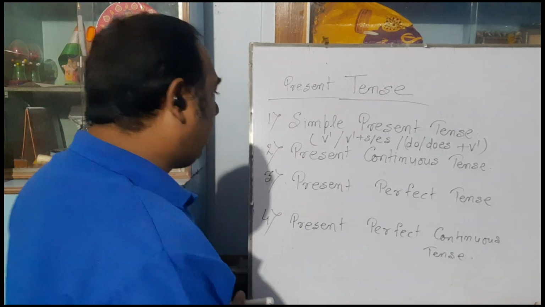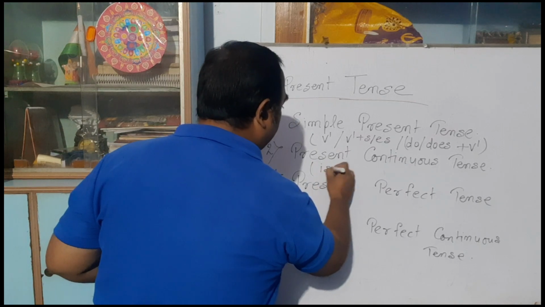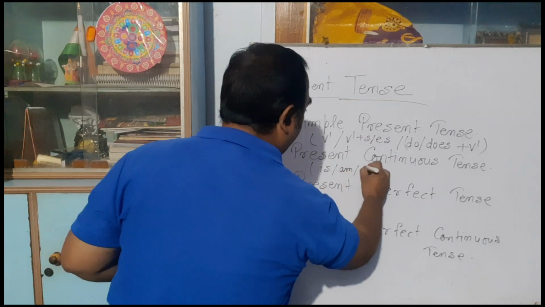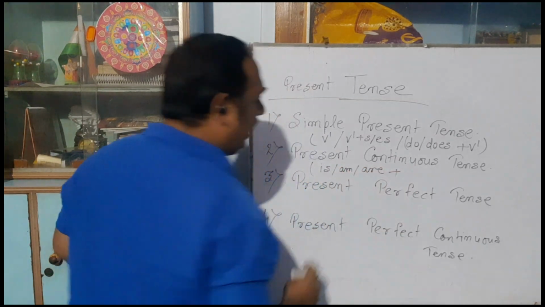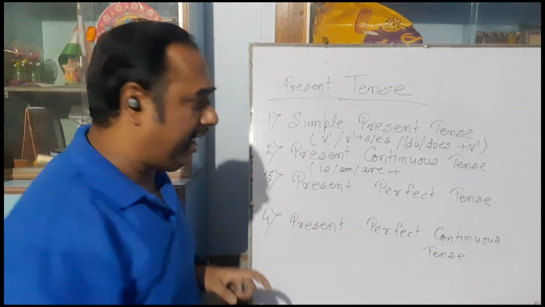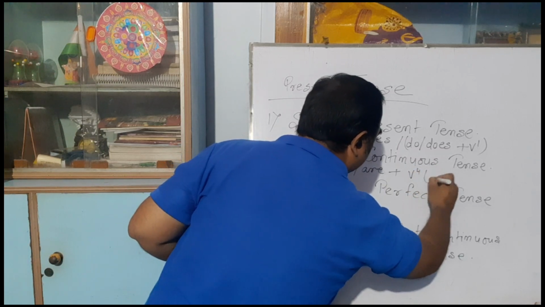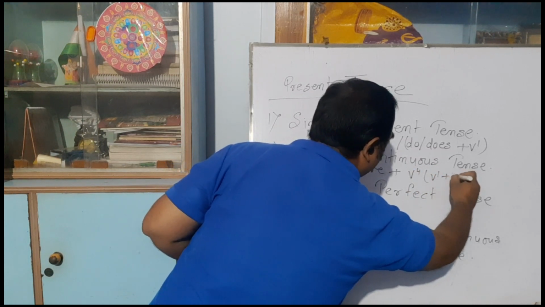Now come to the second one, the present continuous tense. If you see is, am, are in any kind of sentence, and with these is, am, are you see V4. Now what is V4? V1 plus ing.